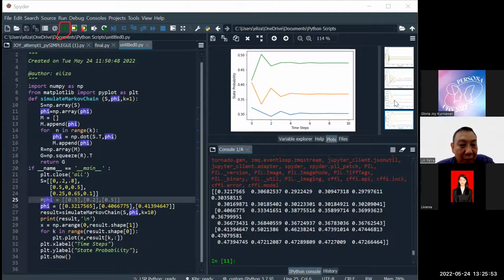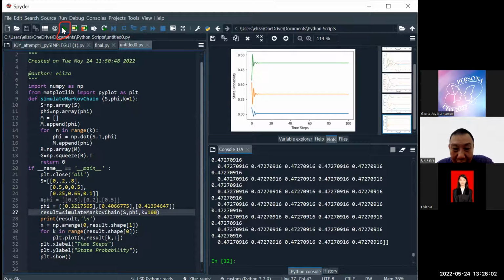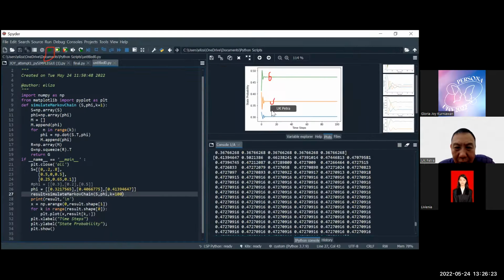So if you run until 100, k is 100. Okay, and now if you run until 100, the actual value is, so this is the one that you're supposed to copy. Why don't we have the value? We're supposed to get this value, and this value, and this value.